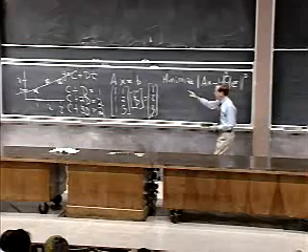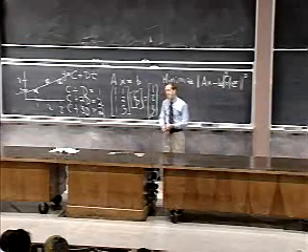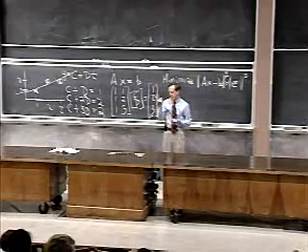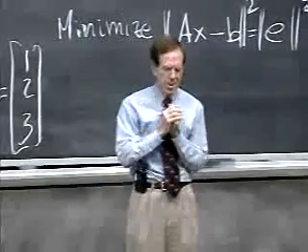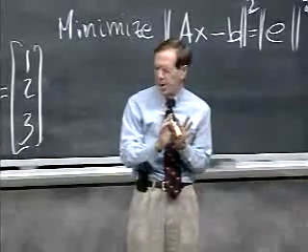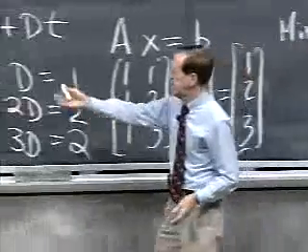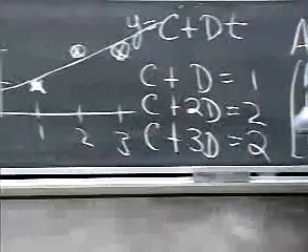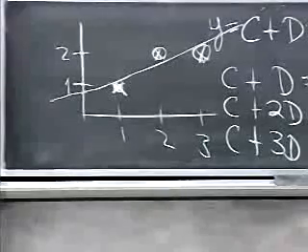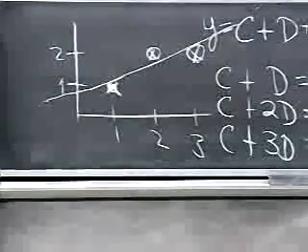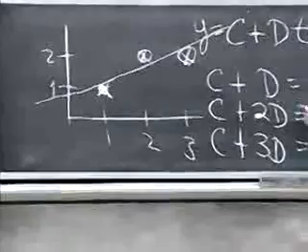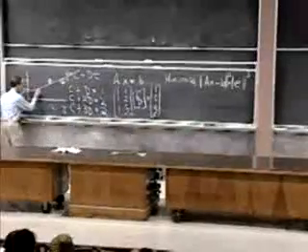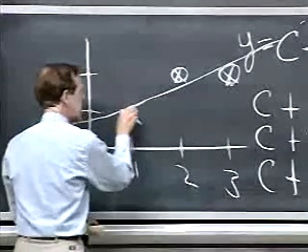What's this error vector in my picture? I guess what I'm trying to say is there's 2 pictures of what's going on. One picture is the 3 points and the line. And in that picture, what are the 3 errors? The 3 errors are what I miss by in this equation. So it's this little bit here, that vertical distance up to the line.